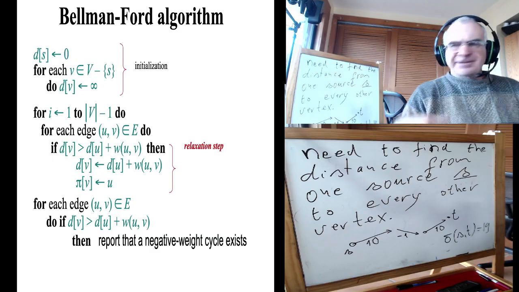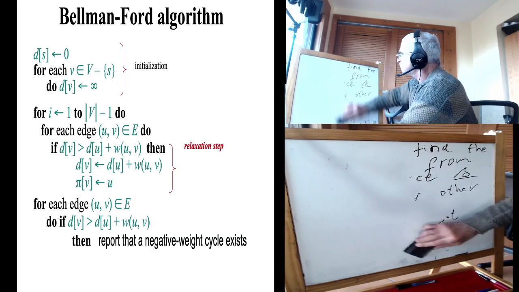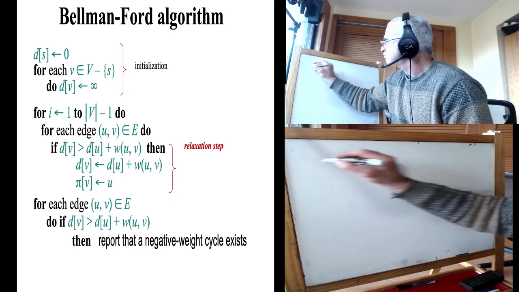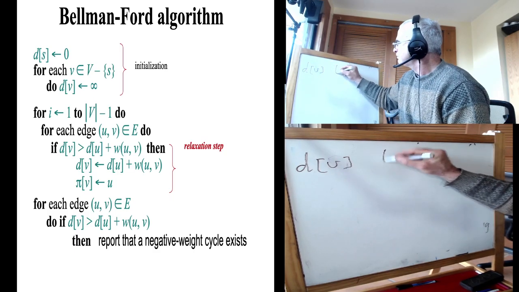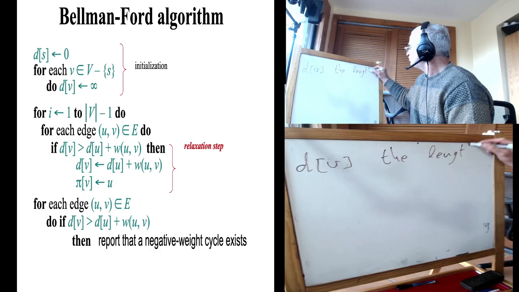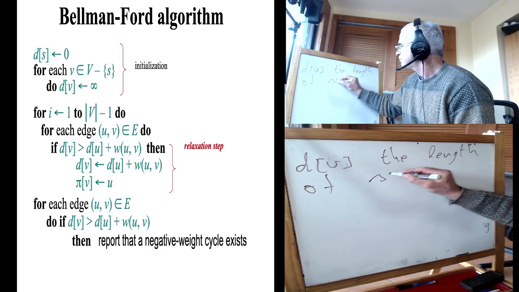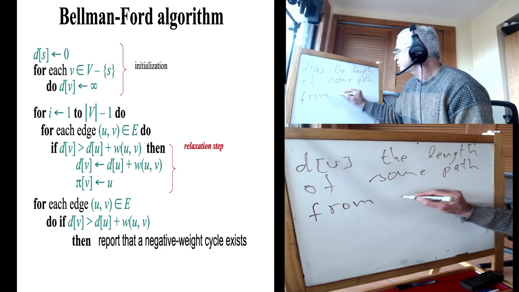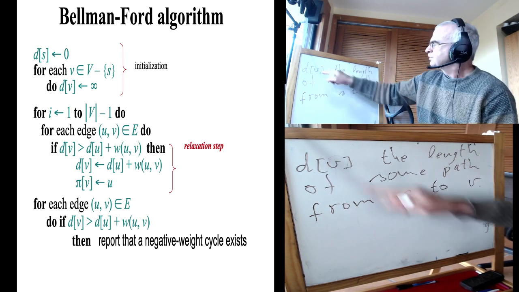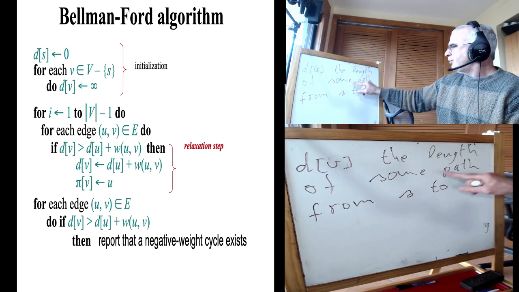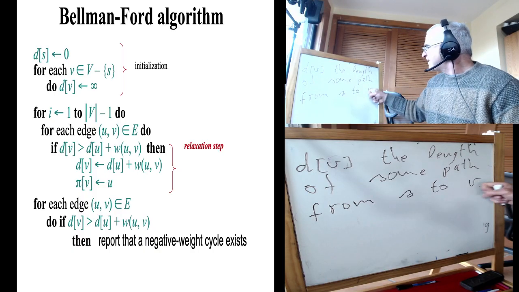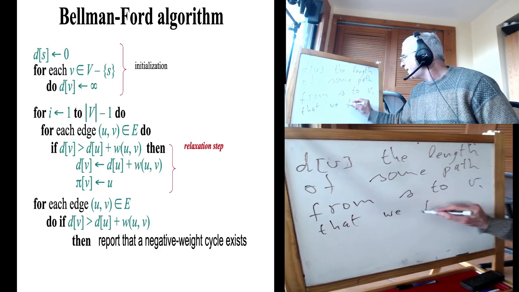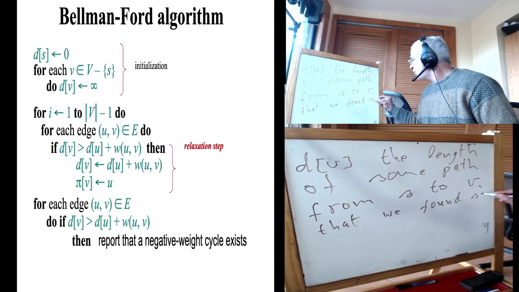D of V will tell you the length of some path from S to V that we found so far.